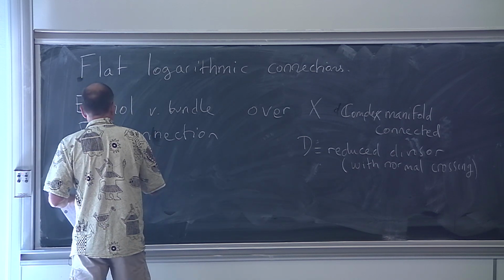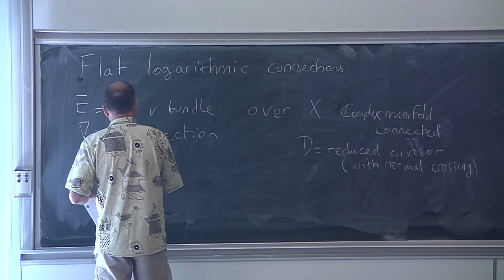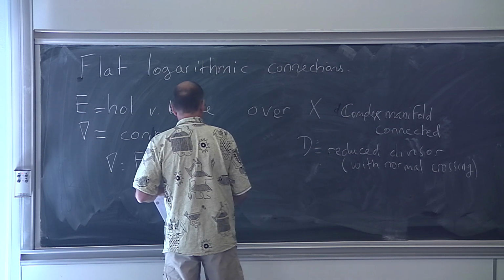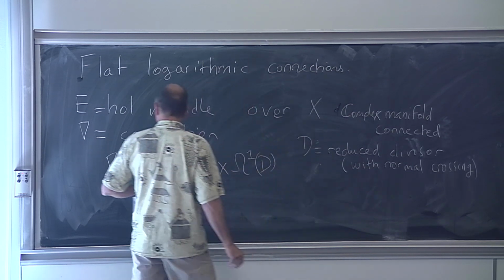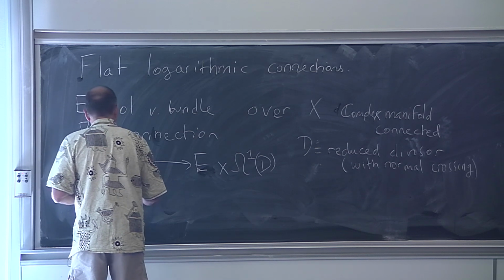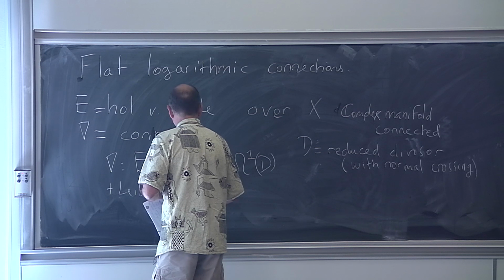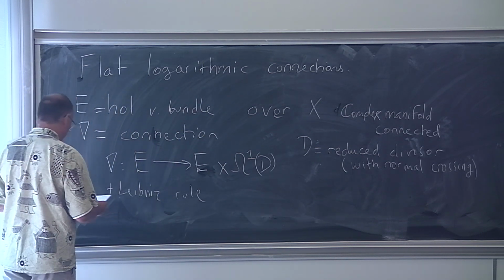So it will be a connection like this. So it comes from E to E tensor product with omega 1 of D, plus Leibniz rule. I don't recall, it was in the talk of Victoria.